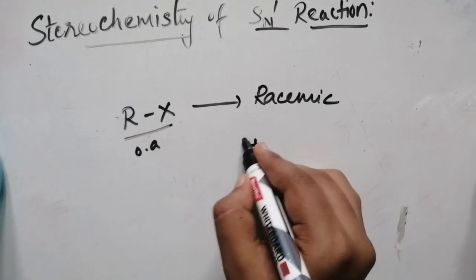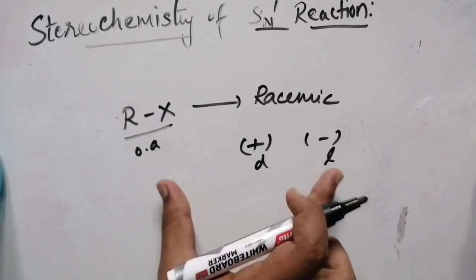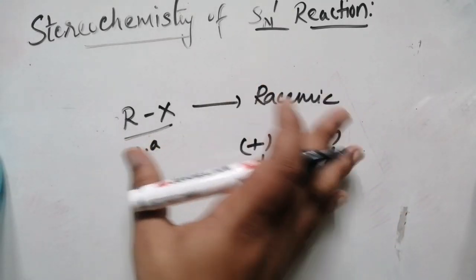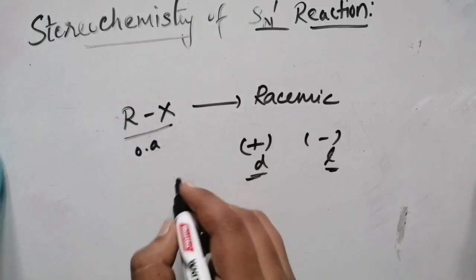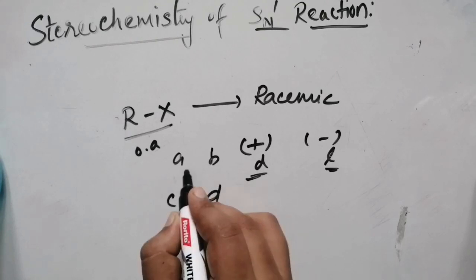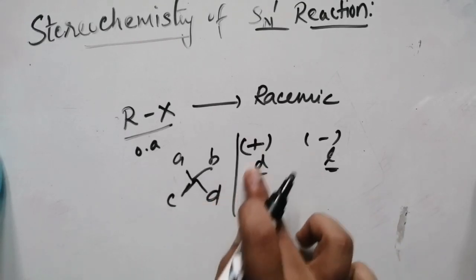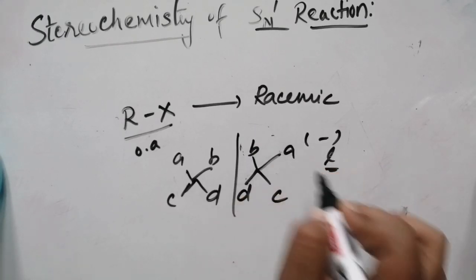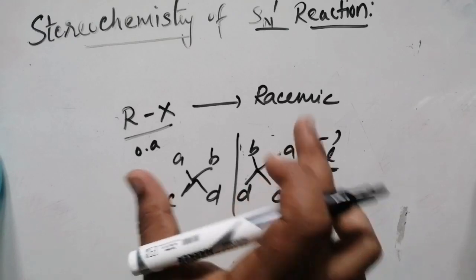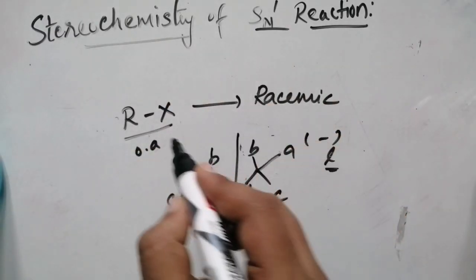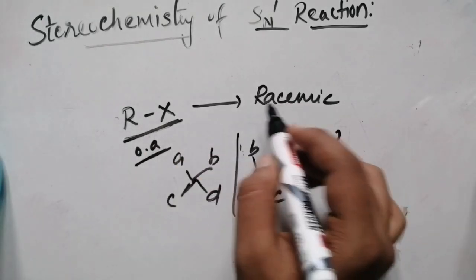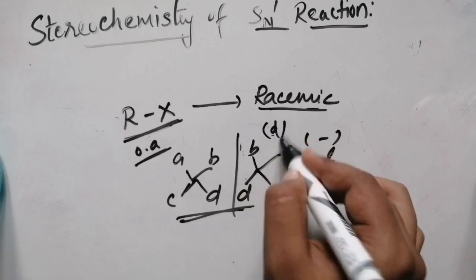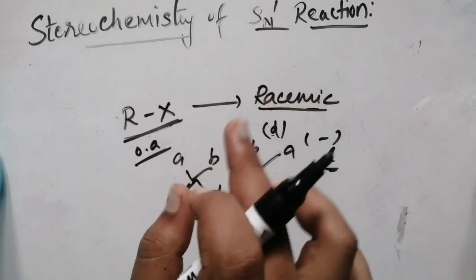The product will form both plus and minus, that is D and L products, accompanied by racemization. The racemic mixture is formed like this, A, B, C, D, and the mirror images like this, D, C, B, A. So the stereochemistry of the SN1 reaction tells me that if my alkyl halide is optically active, the reaction will accompany racemization, and my product will have both D and L isomers.